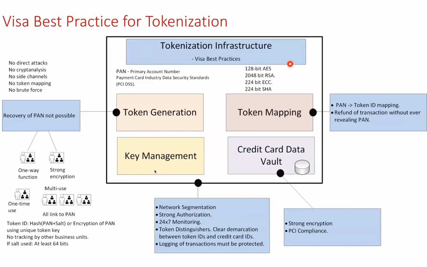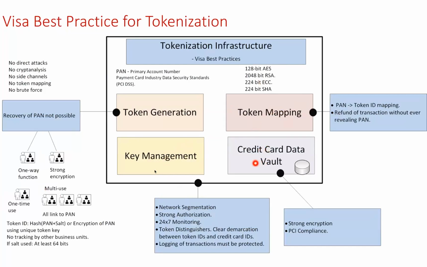We have a tokenization server, which has 24/7 monitoring, strong network segmentation, and so on. We generate the tokens. They can be one-time use, or they could be multiple times. We then have a key management system to make sure that we can recover the encryption keys and things like that. For the tokens, a token mapping to map the token back to original data.